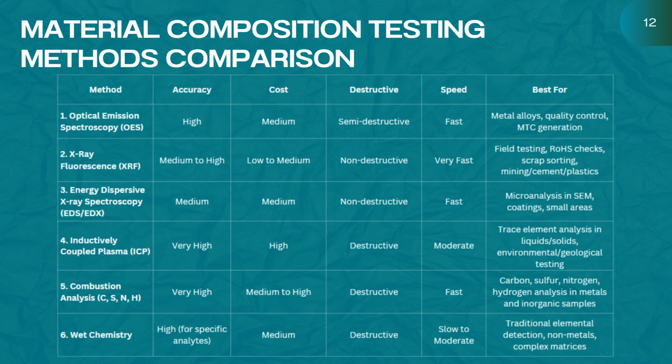Wet Chemistry, suited for non-metals or complex samples, still useful where advanced instruments aren't ideal. So the choice depends on your sample type, required accuracy, and whether you need fast or lab-grade results.